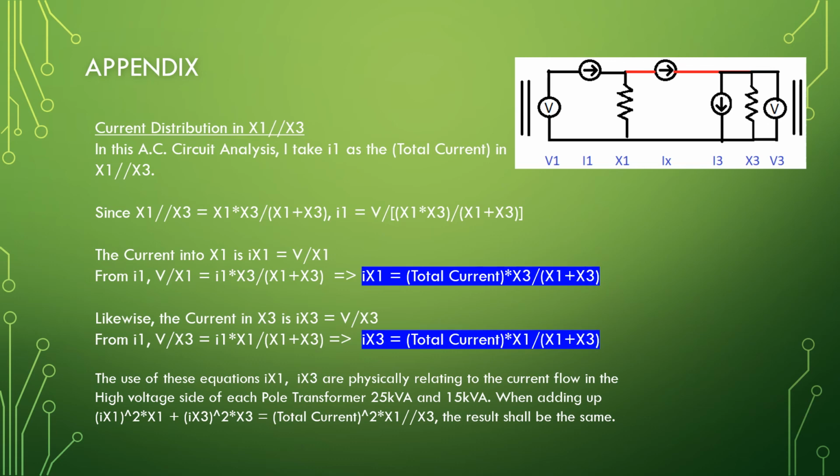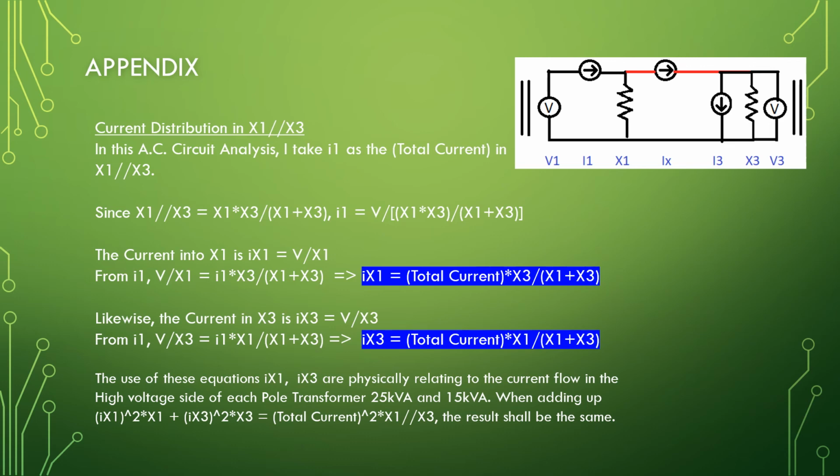Likewise, the current in X3 is Ix3 equal to V divided by X3. From I1, V divided by X3 equals I1 times X1 divided by X3 plus X1.